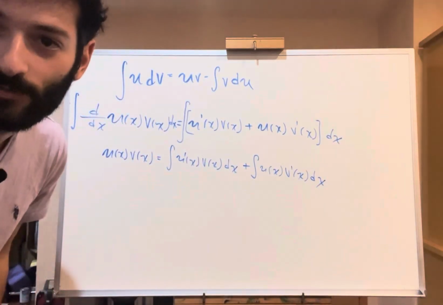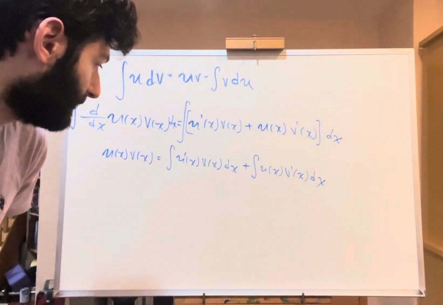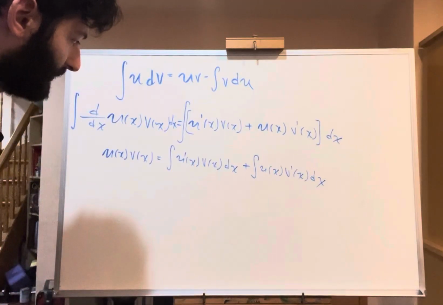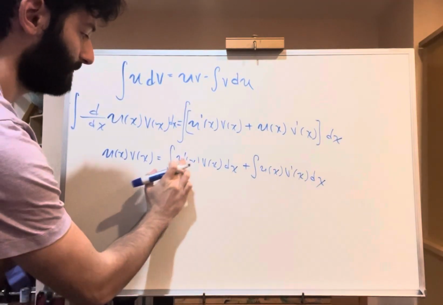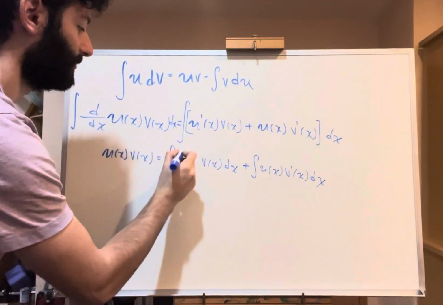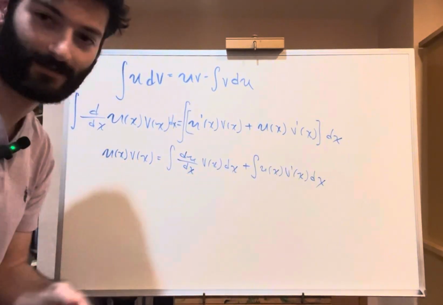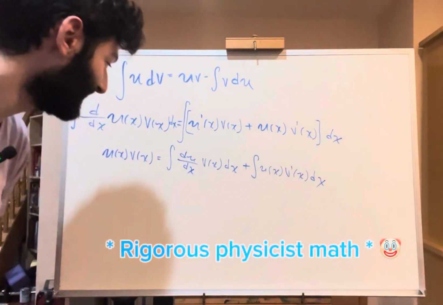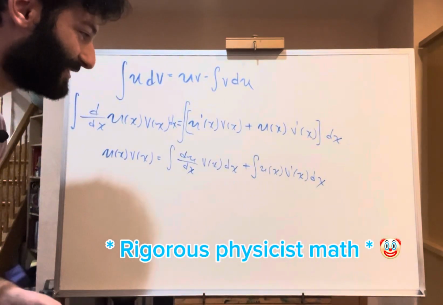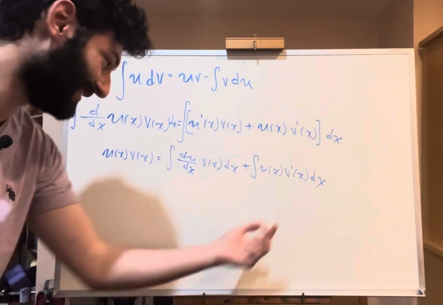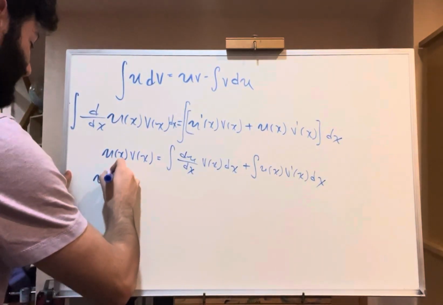And we can go ahead and use Leibniz's notation, and we could rewrite the u prime of x as du over dx. And the dx's cancel, and if we use the same method over here, we can rewrite everything.